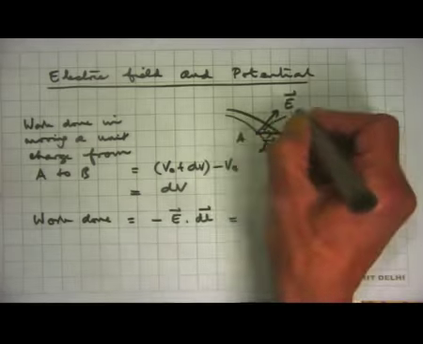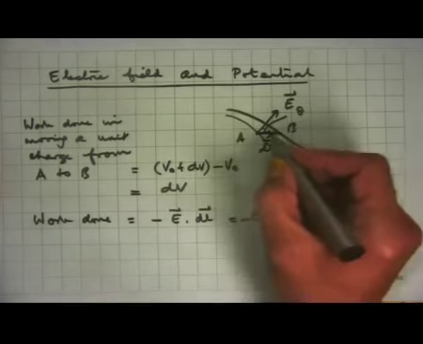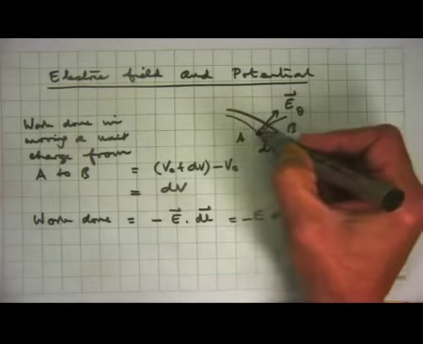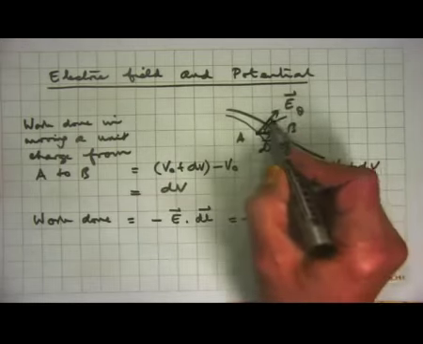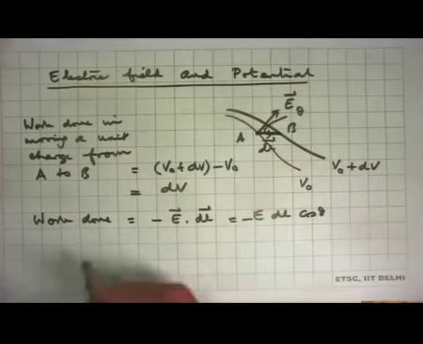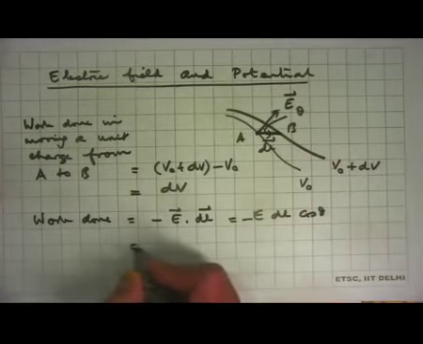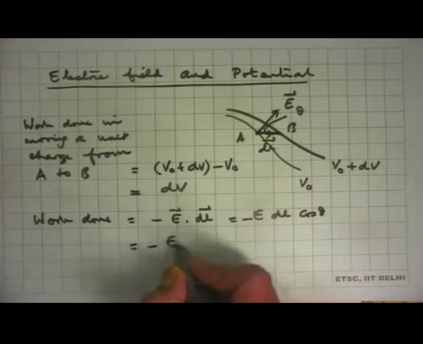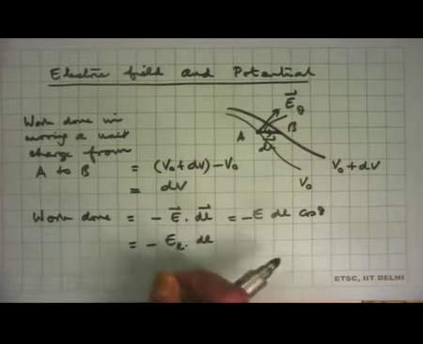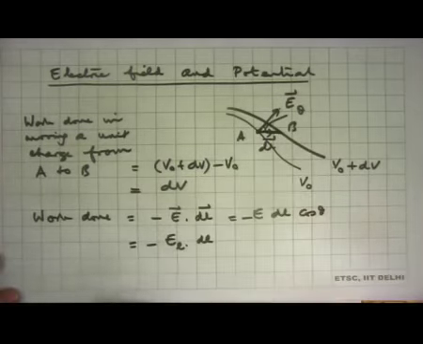Now, if you see here, what is E cos theta? E cos theta is the component of the electric field vector along the length direction AB. This is the dl element, electric vector points like this. So, E cos theta is the component of the electric field along the direction in which I am moving. So, this can be written as minus E_L into dl, where E_L is the component of the electric field along the direction of motion.